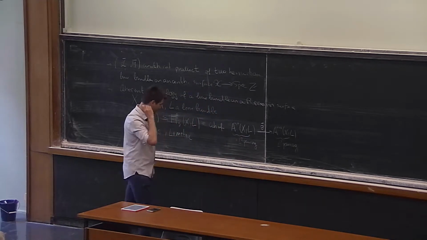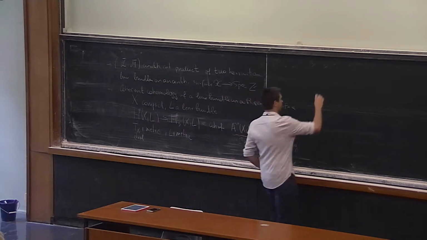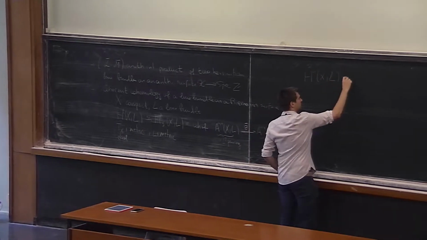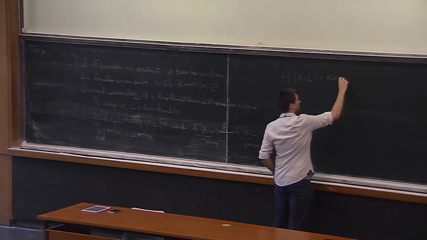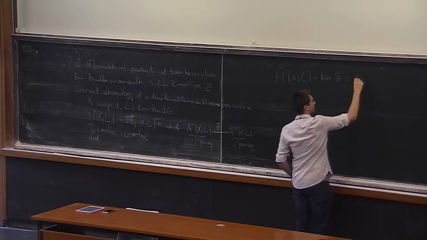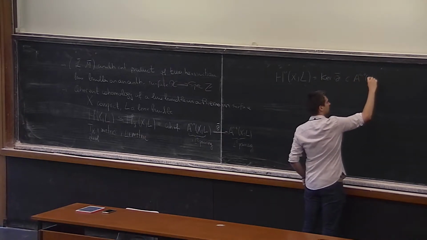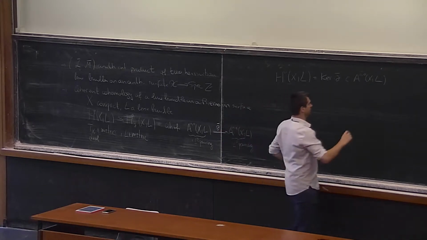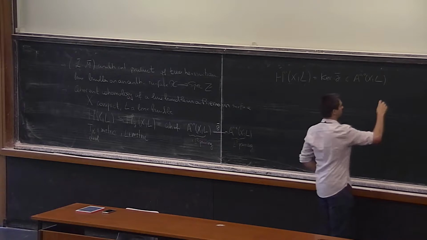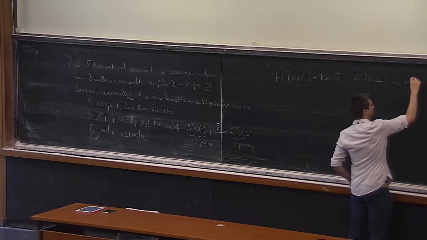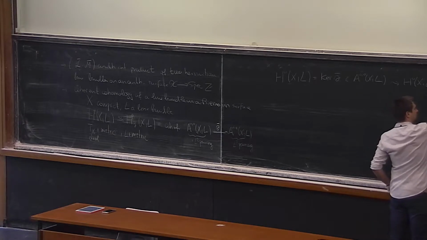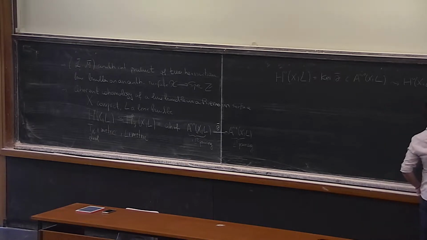And so I observed that since H0 is isomorphic to the kernel of del bar, and this lives in A^{0,0}, this cohomology space will inherit an L2 pairing from here, so H0 inherits an L2 structure.